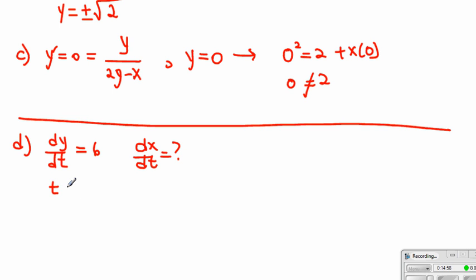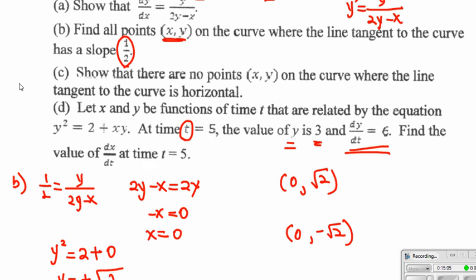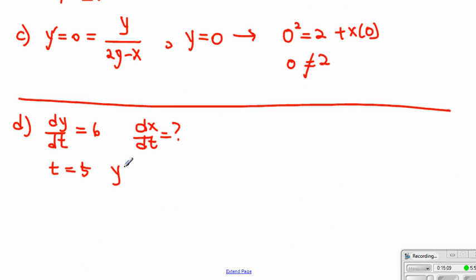And when t is equal to 5, the y value was equal to 3. Now, we would like to do this one. The first way we would like to do it is using the first derivative, because of the way we can get dy over dx. How about this?